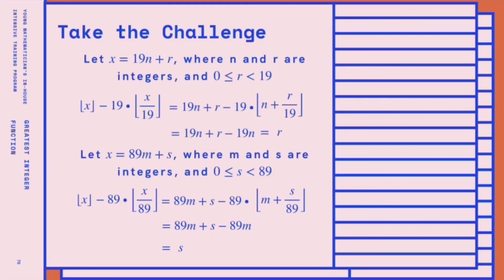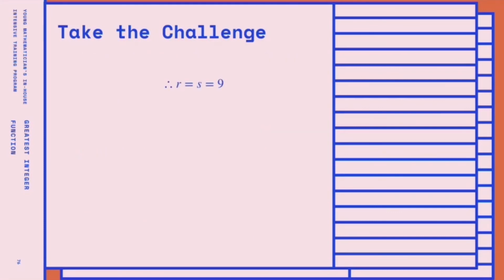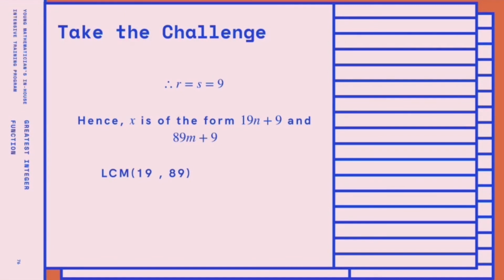Again, from the given, the two expressions are both equal to 9. So therefore, their values, which are r and s, are both equal to 9 as well. This means that x is of the form 19n plus 9 and 89m plus 9. In other words, x minus 9 is divisible by both 19 and 89. So simply, we take the LCM of 19 and 89.